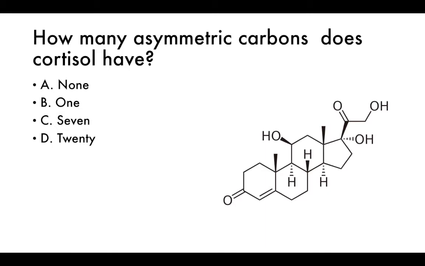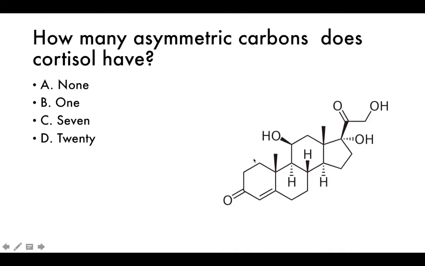So the reason that they show that as coming into the page or out of the page is because it matters, because it is an asymmetric carbon. So we can count the number of carbon atoms that have wedges on them, and that will tell us how many asymmetric carbons there are. So like for example with this hydroxyl group here, you can see it's not wedged because it doesn't really matter. It can rotate around this axis here, and it's not asymmetric because there's 2 hydrogens on this carbon right here.